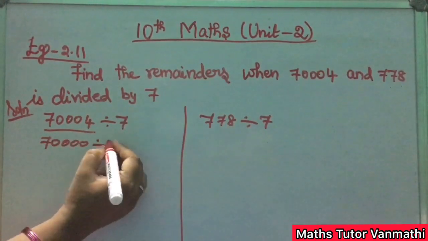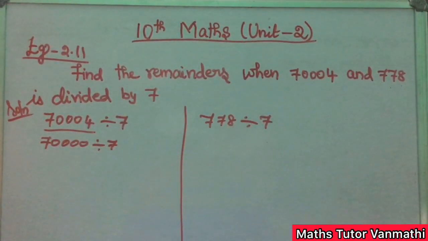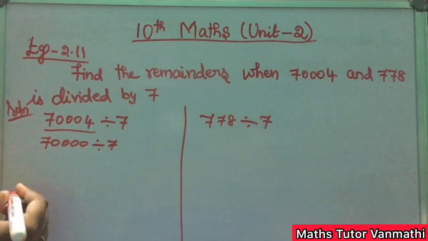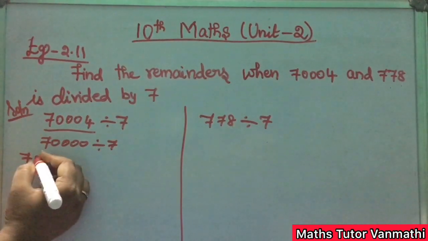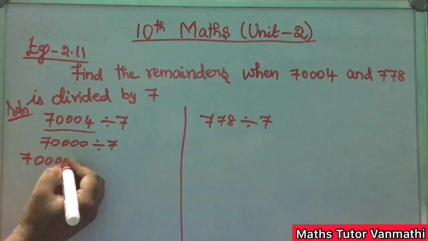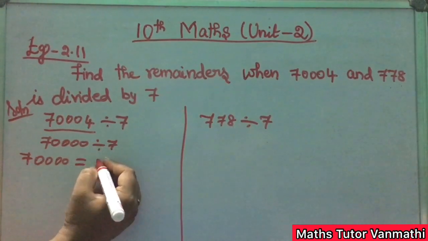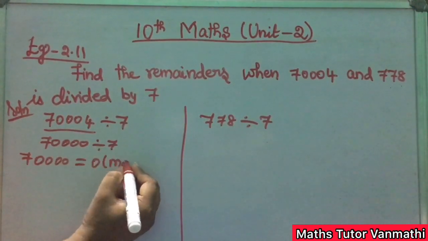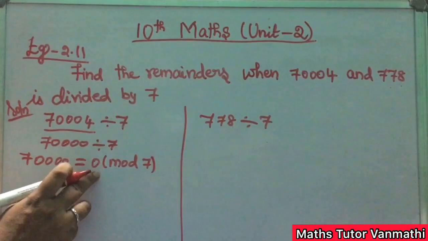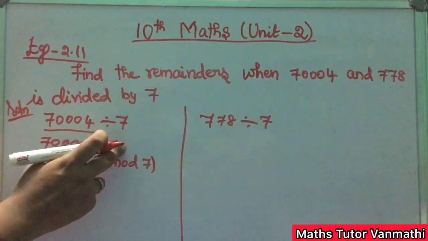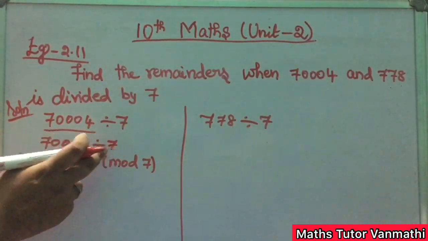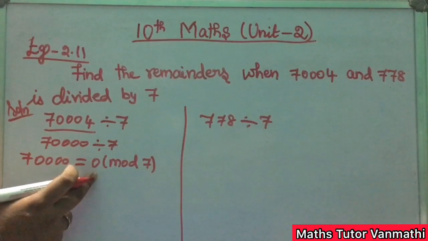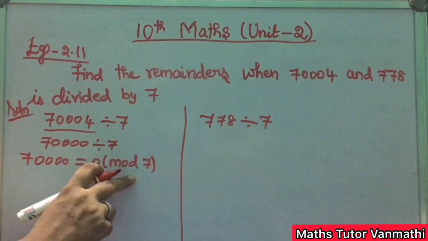This can be divided by 7. Okay, this is divisible by 7. So we can write it as 70,000 which is equal to 0 mod 7. That is, your remainder will be 0. While dividing 70,000 by 7, you will get the remainder as 0. That is written as 0 mod 7.